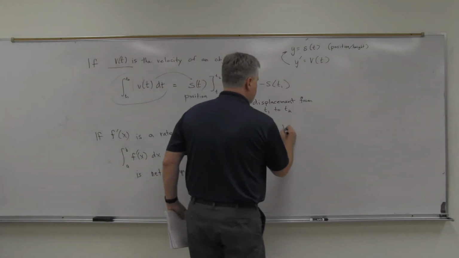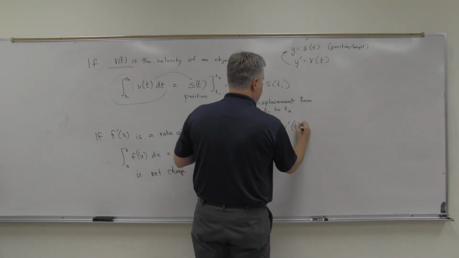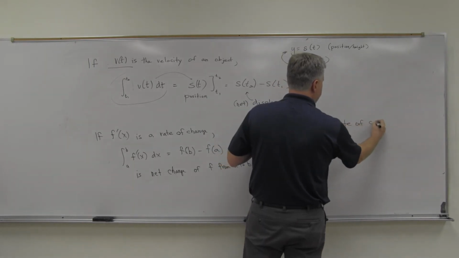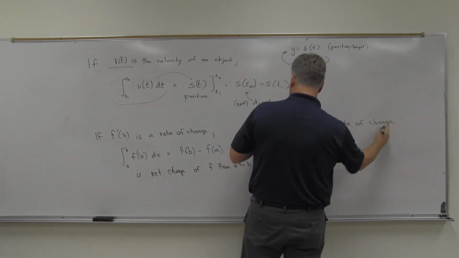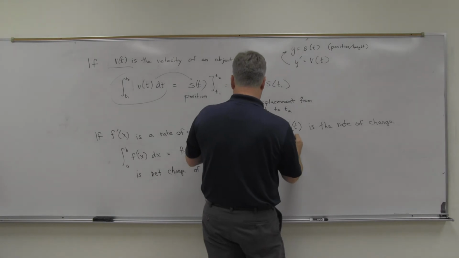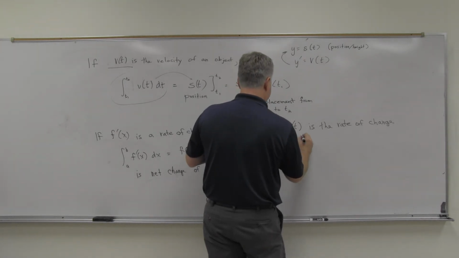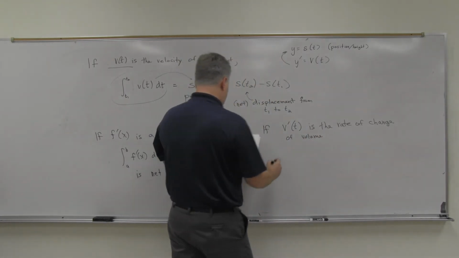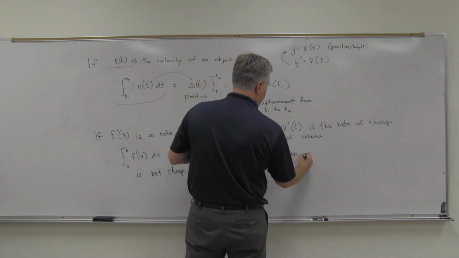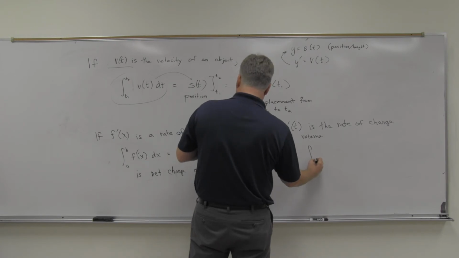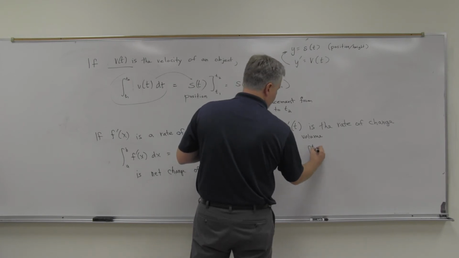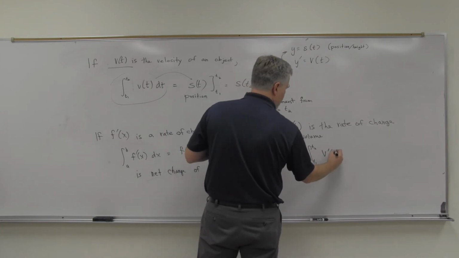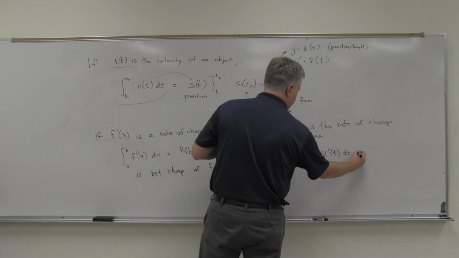If v prime of t is the rate of change of the volume, then what is the integral from t1 to t2, whatever time values you want, of that v prime dt? What does that give you?